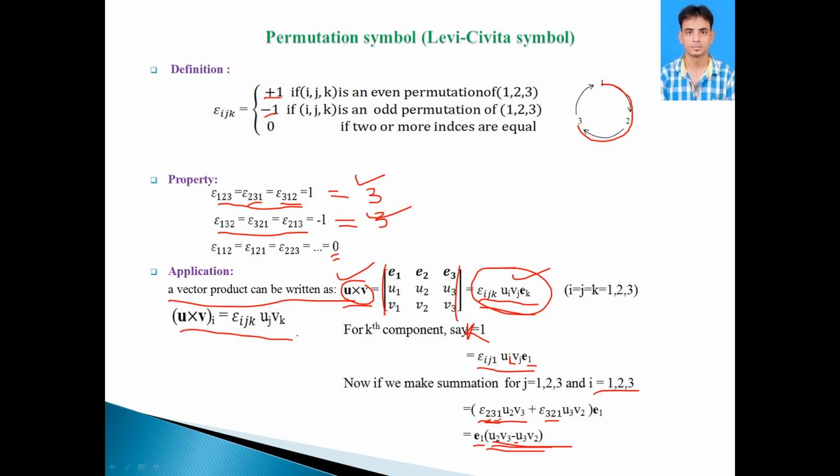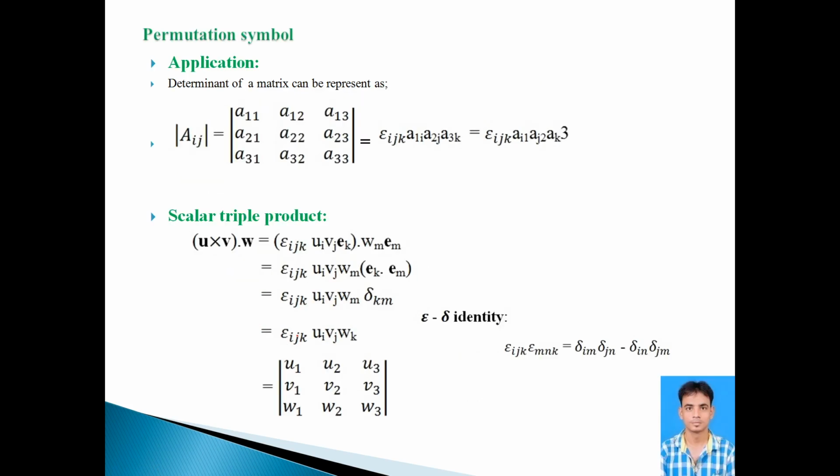Now another application is that the determinant of a matrix aij can be represented like this. So this is the matrix, and this is the determinant: a11, a12, a13, a21, a22, a23, a31, a32 and a33.